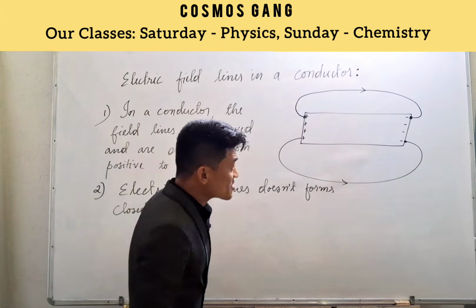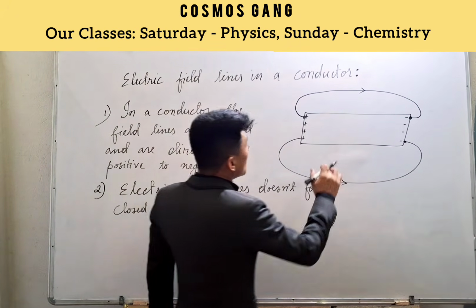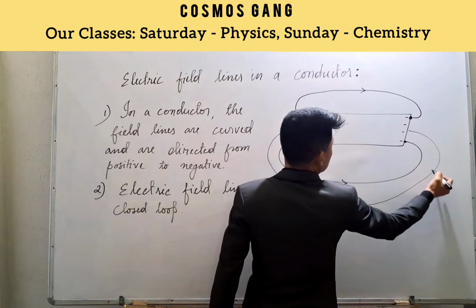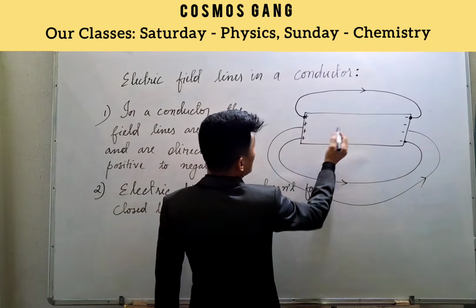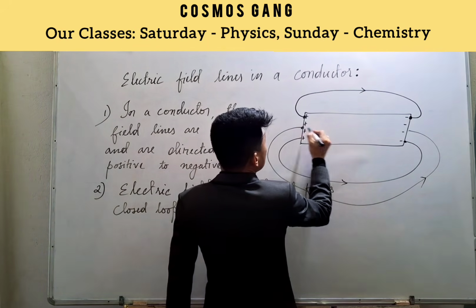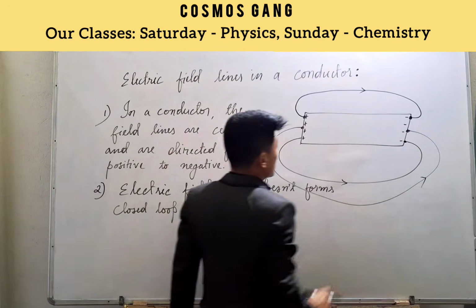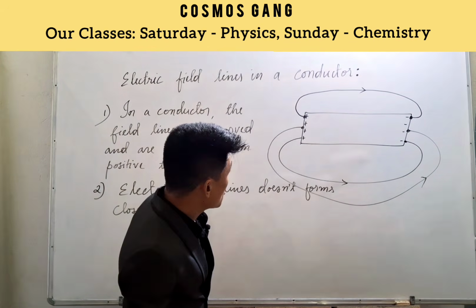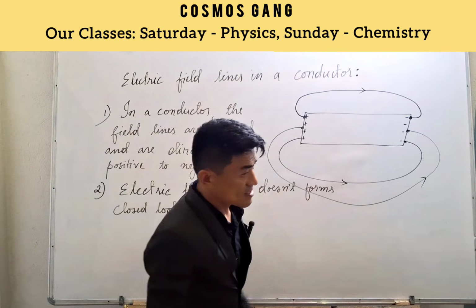Now, for the third point, we find that inside the conductor there are no electric field lines. Why?